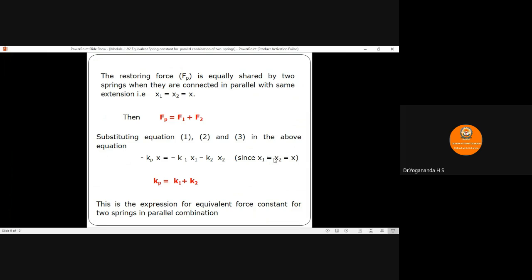Substituting the values of the restoring forces in the above equation, we get minus kp into x equal to minus k1 into x1 minus k2 into x2. Since x1 equals x2 equals x, the equation can be written as kp equal to k1 plus k2. This is the expression for equivalent force constant for the two springs connected in parallel combination.